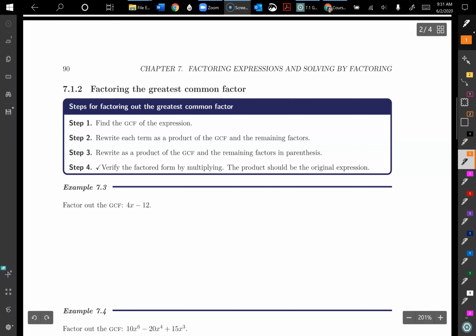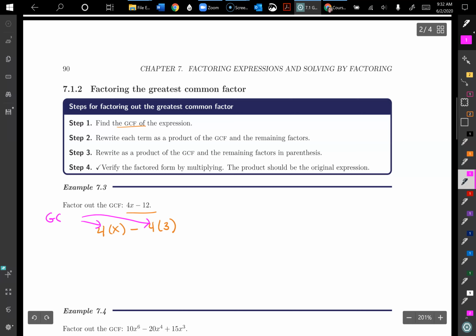So here we have factor out the GCF of 4x minus 12. So first we have to find the greatest common factor. So that would be 4. So I could split this apart as 4 times x minus 4 times 3. So that's my GCF, the 4.